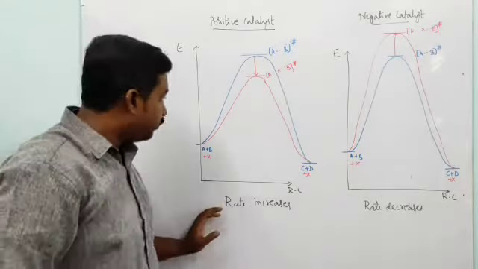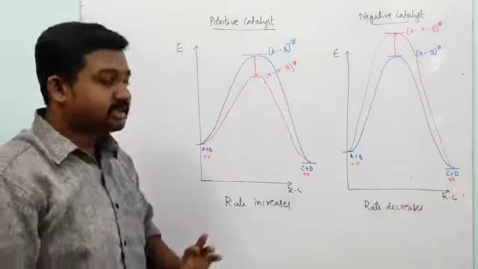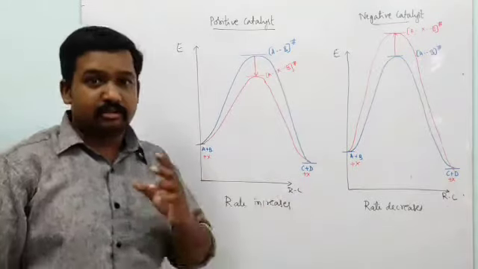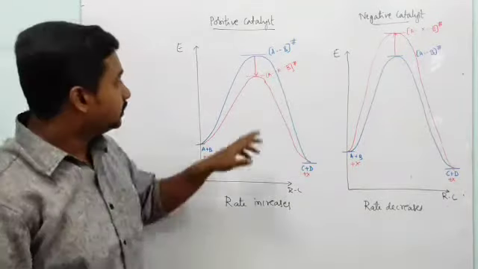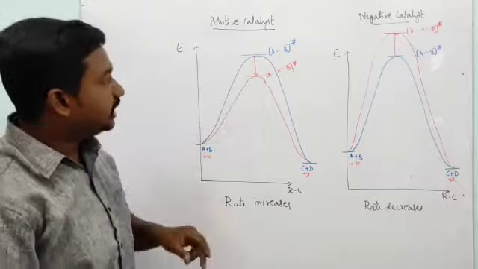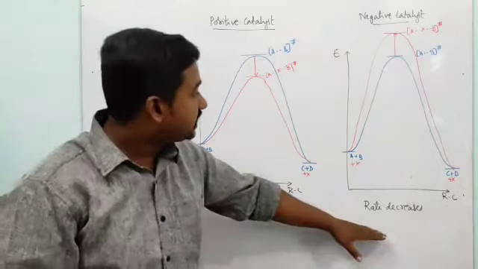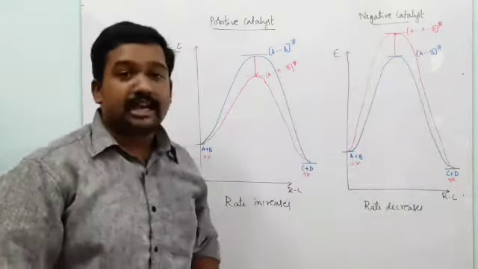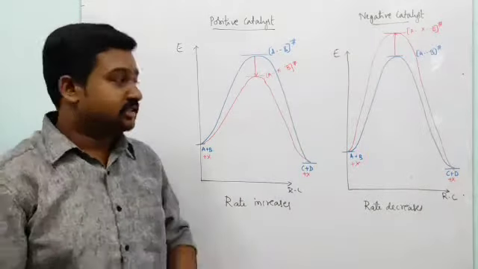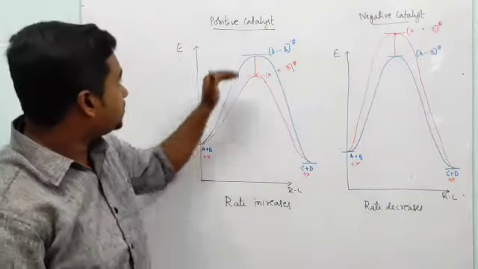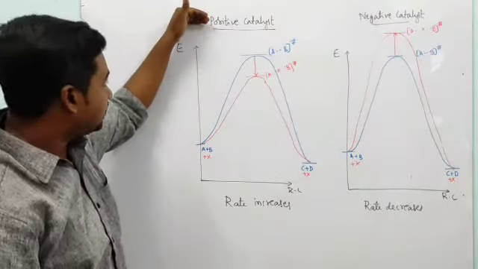Now in the first graph, if you observe, the blue line represents the normal trend of reaction and the red path represents the effect of a positive catalyst. So there is a decrease in the activation energy and threshold energy of the reactant. Whereas in this case, there will be an increase in the activation energy as well as threshold energy by the addition of a negative catalyst.